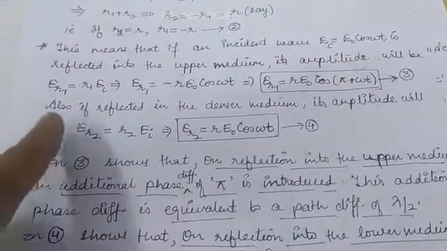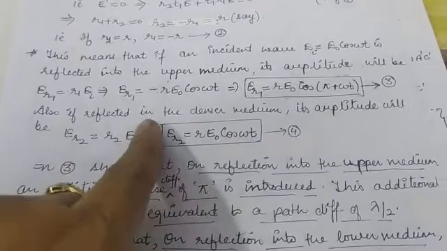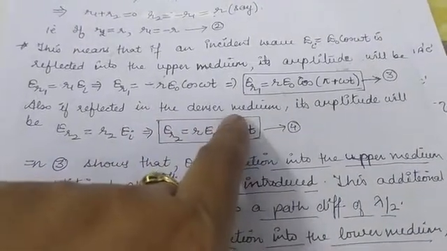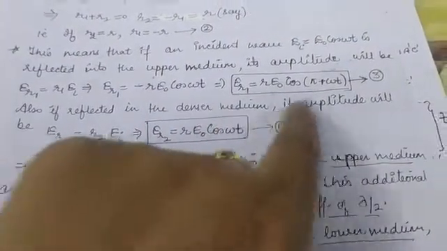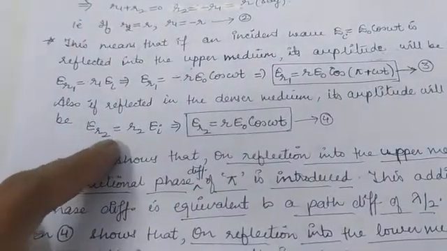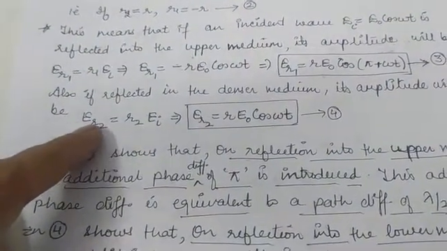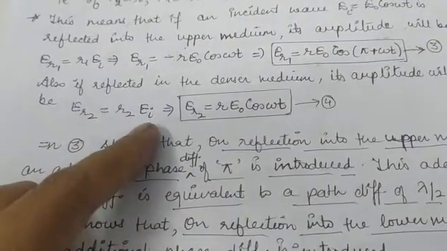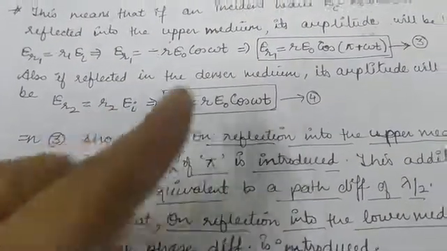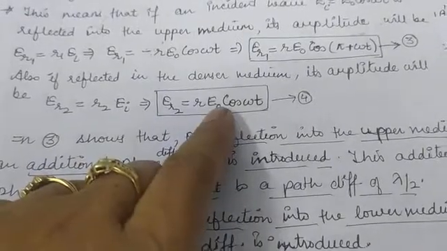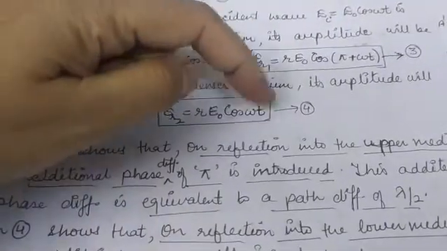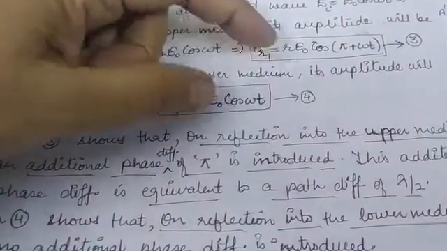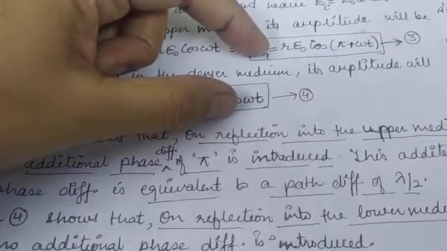Now similarly, for the reflection in the lower medium, its amplitude will become ER2, meaning the reflected ray amplitude in the second medium. It will become R2 times EI, meaning R times E naught into cos omega t. So you can compare these two equations. What are these two equations representing?